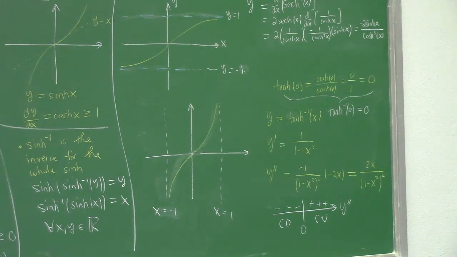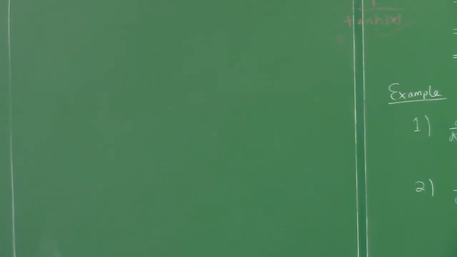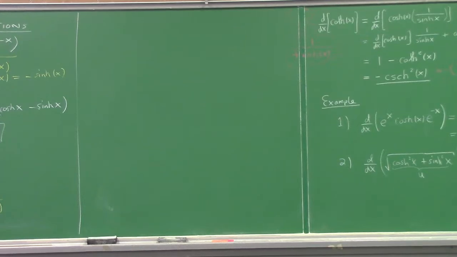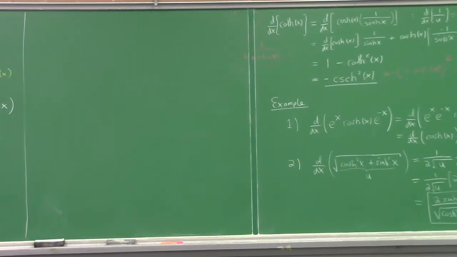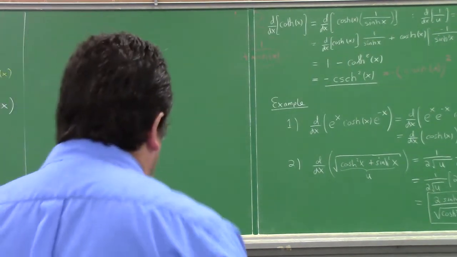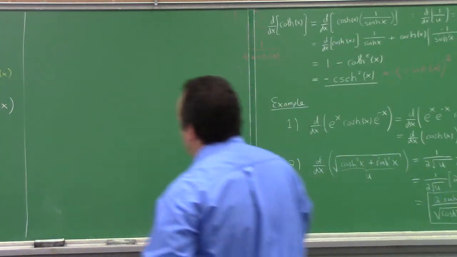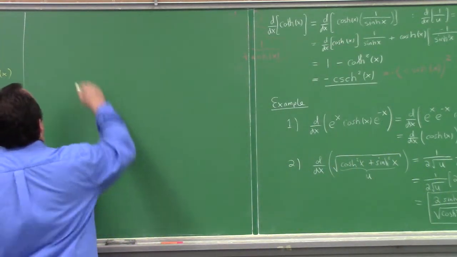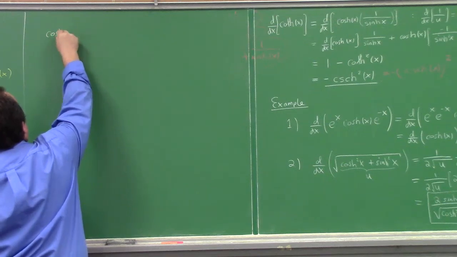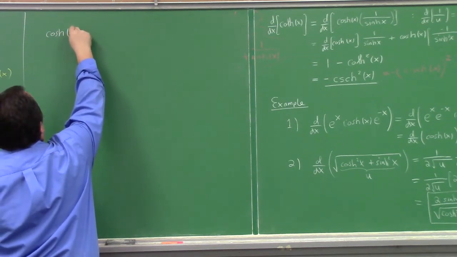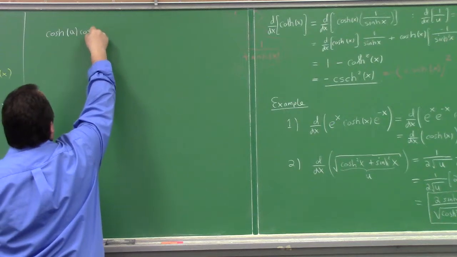Let's see here, I'm trying to think of a convincing way to derive what I'm about to derive. Let me try it this way. If we do hyperbolic cosine of a times hyperbolic cosine of b, what do we get?